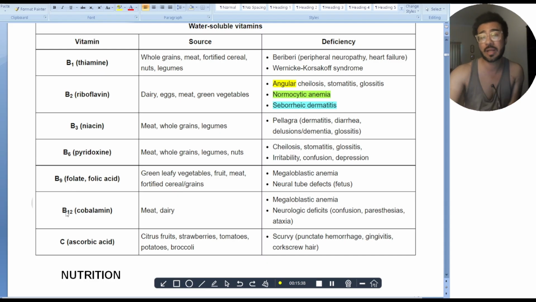B12 also causes megaloblastic anemia, plus you get subacute degeneration of the posterior column in the spinal cord, which presents as initial paresthesia in the lower limbs followed by loss of proprioception. So you get paresthesias followed by loss of proprioception. They're going to say that the patient is losing his balance. They don't mention directly that there is loss of proprioception.